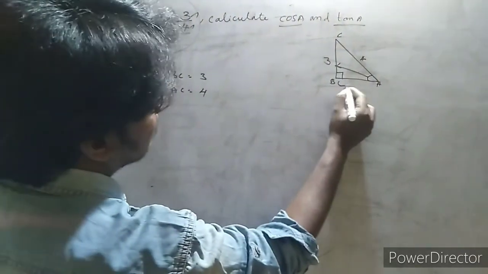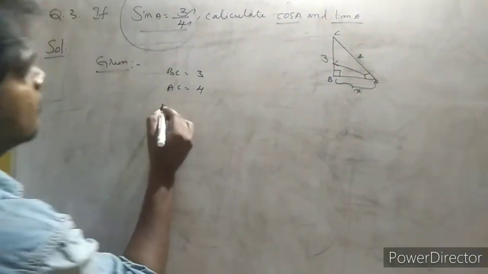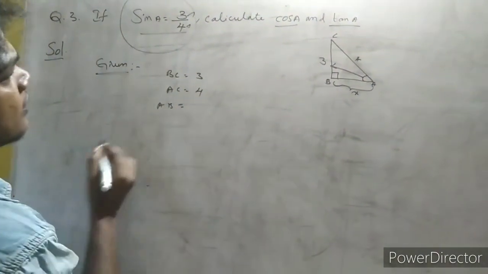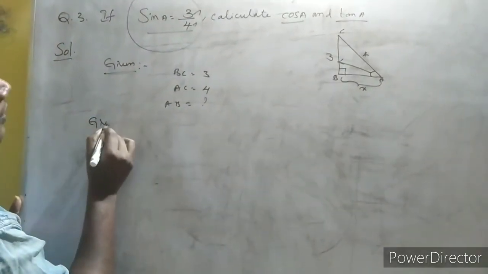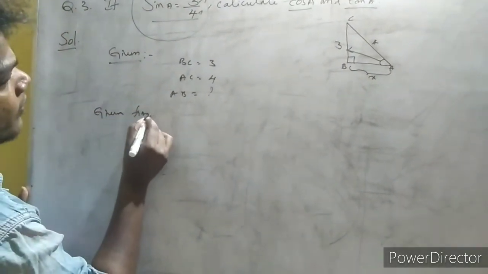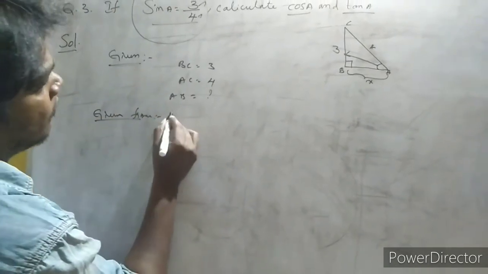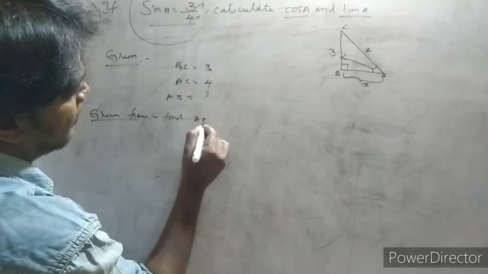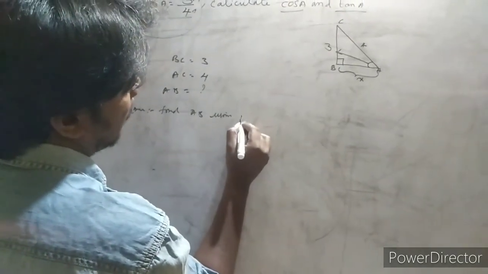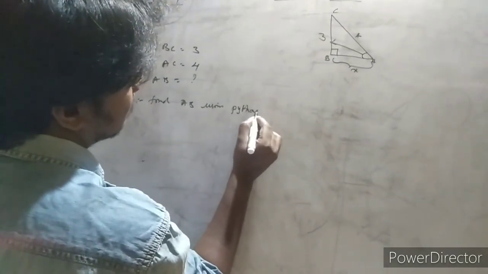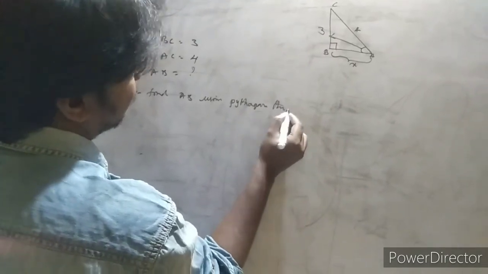Then what about this one, x? AB is not given. We can find AB based on the given figure, using the Pythagoras theorem.